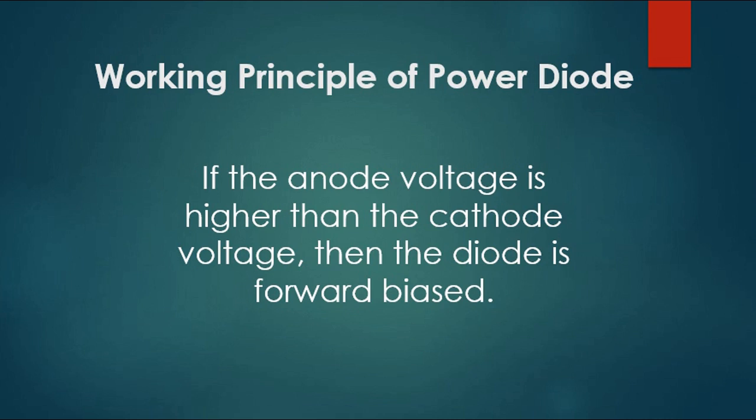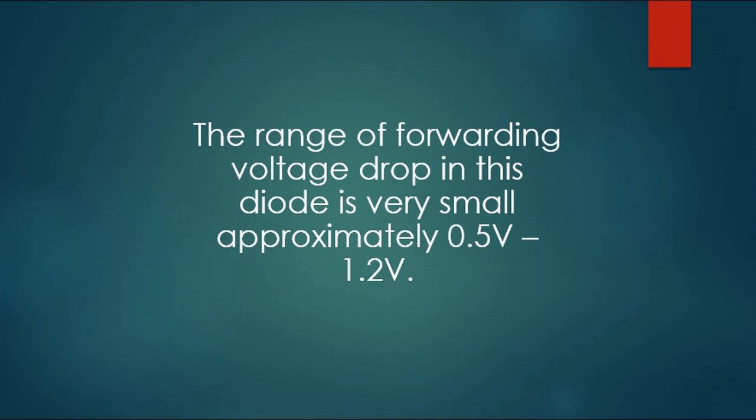Now, just as I said, this anode represents positive, while the cathode represents negative. The range of forward voltage drop in this diode is very small, approximately from 0.5 volts to 1.2 volts.